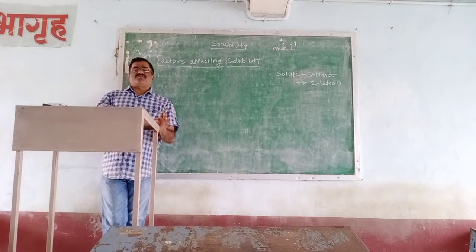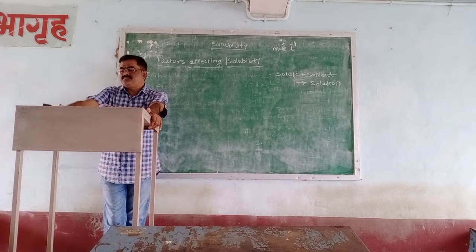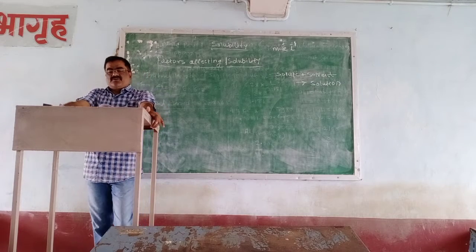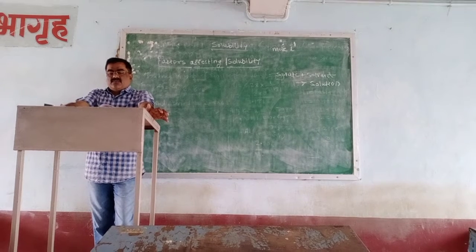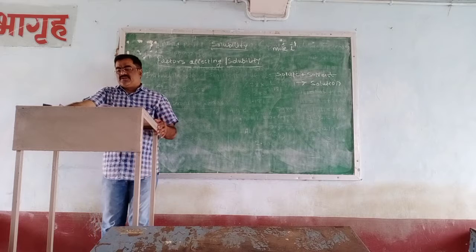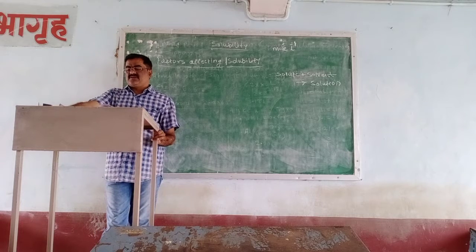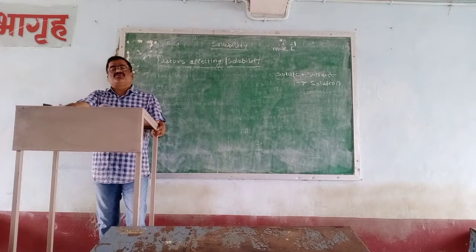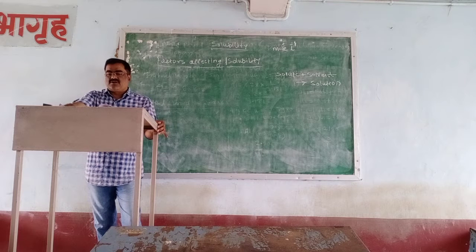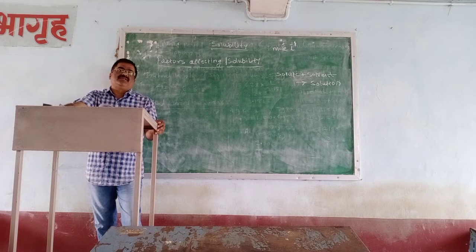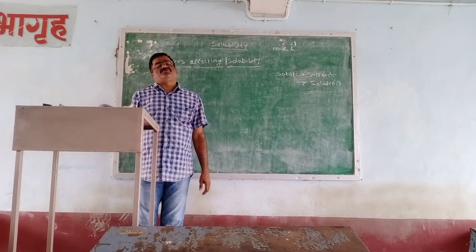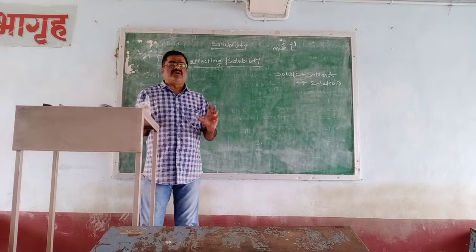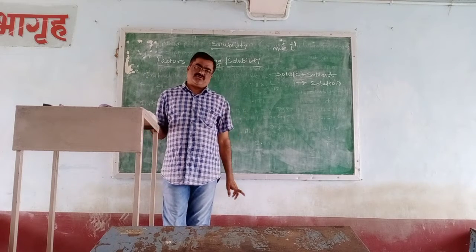The various factors which affect the solubility: the extent to which a substance dissolves in the solvent varies greatly with the different substances. It depends upon the nature of the solute and the solvent, temperature and pressure. म्हणजे एखादा सोल्यूट सॉल्व्हंट मध्ये डिसॉल्व होत असताना वेगवेगळ्या घटकांचा त्याच्यावरती परिणाम होतो.